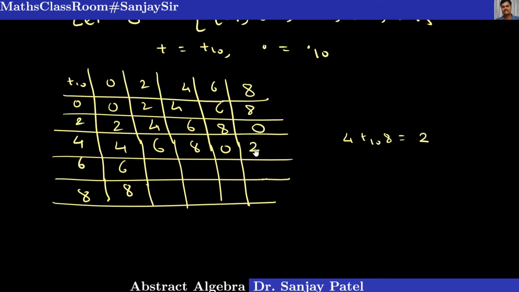Again 6 plus 2 is 8. 6 plus 4 is 10, and 10 is equal to 0. 6 plus 6 is 12, so it is 2. 6 plus 8 is 14, so 4. Here also we can write 8 plus 2 is 10, so 0, then 2, then 4, then 6. So you can see from this it satisfies all the conditions for the operation of addition.